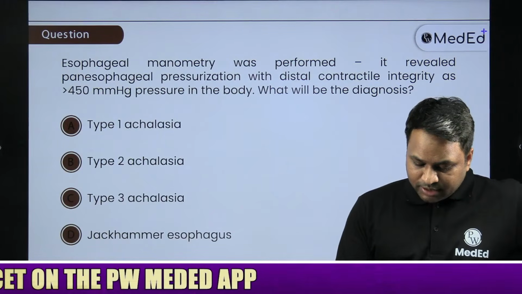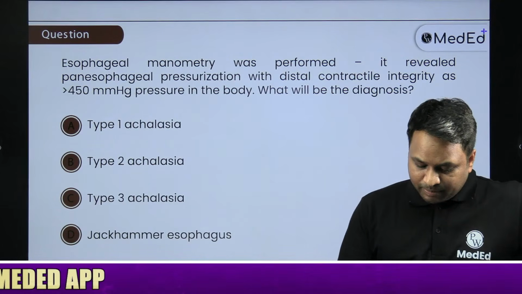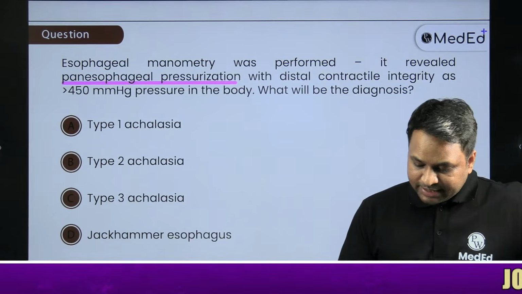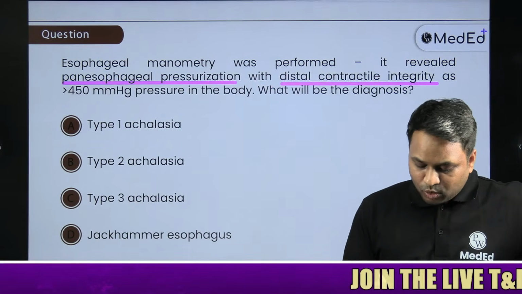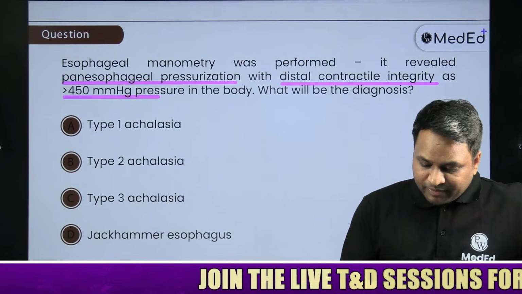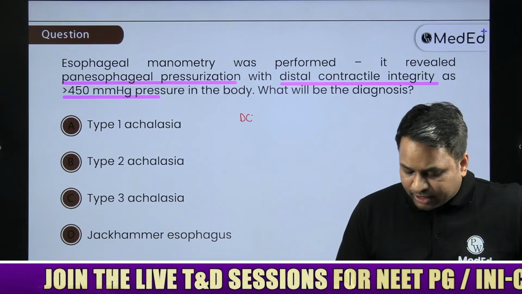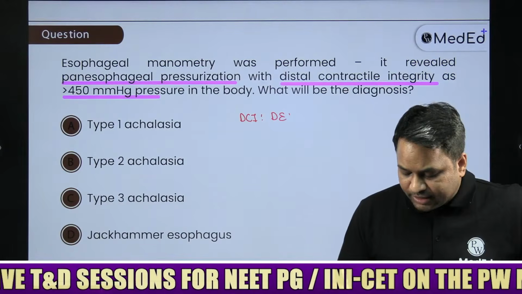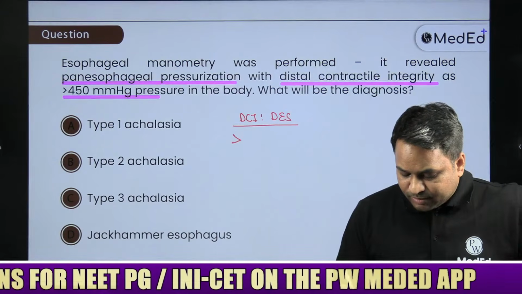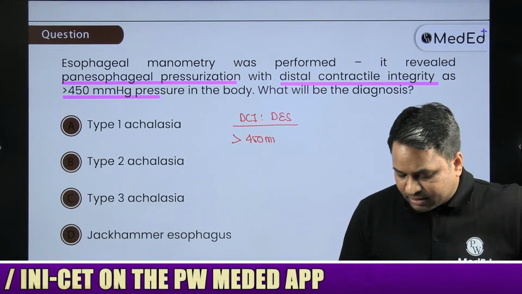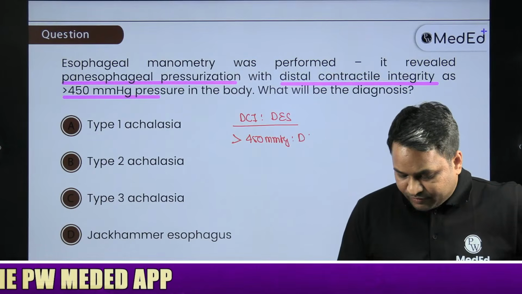Okay, the next question: esophageal manometry is performed. It revealed a pan-esophageal pressurization with DCI, distal contractile integral, as more than 450. Now remember, whenever you're measuring the distal contractile integral, this is for diffuse esophageal spasm. If it is more than 450 millimeters of mercury, we say it is diffuse esophageal spasm.